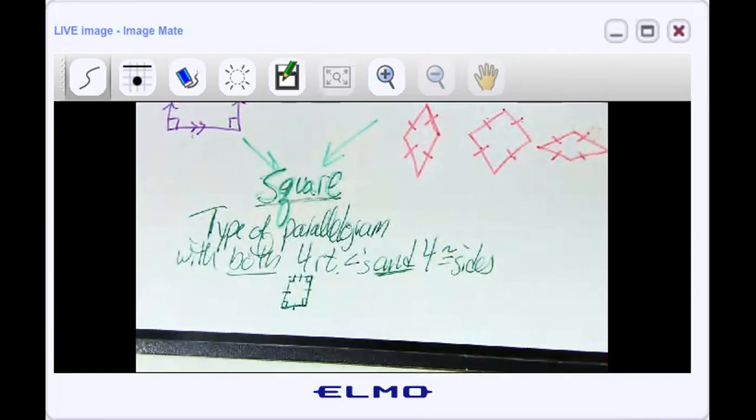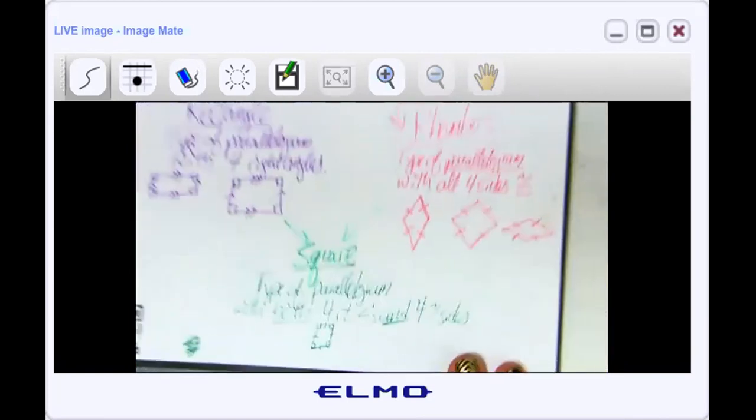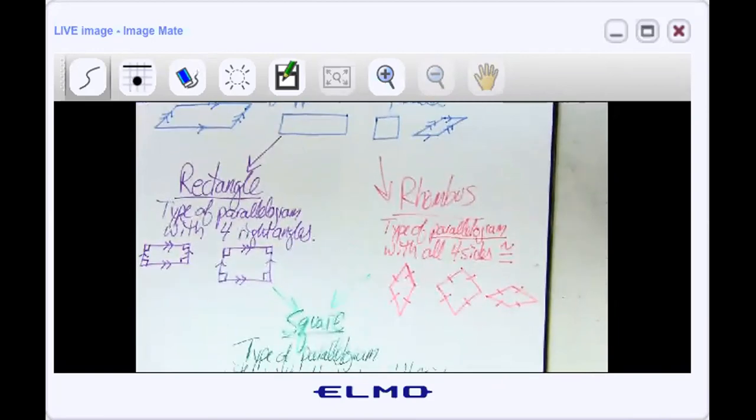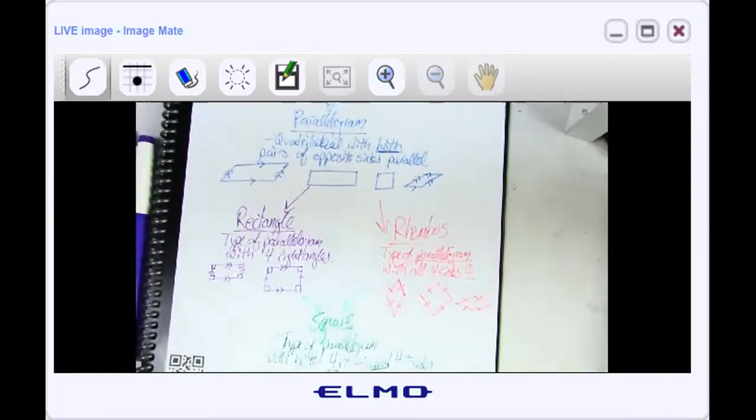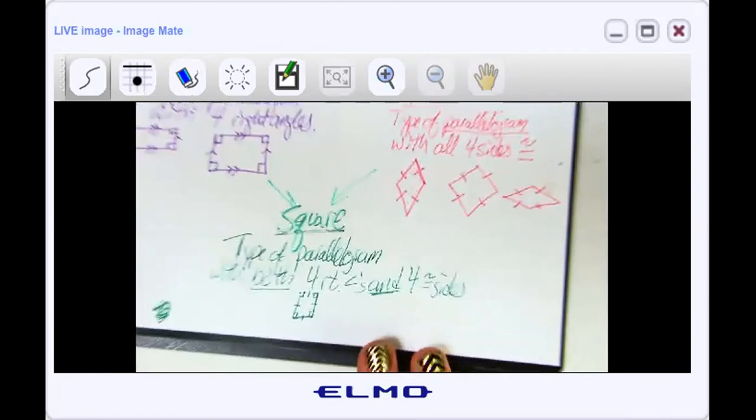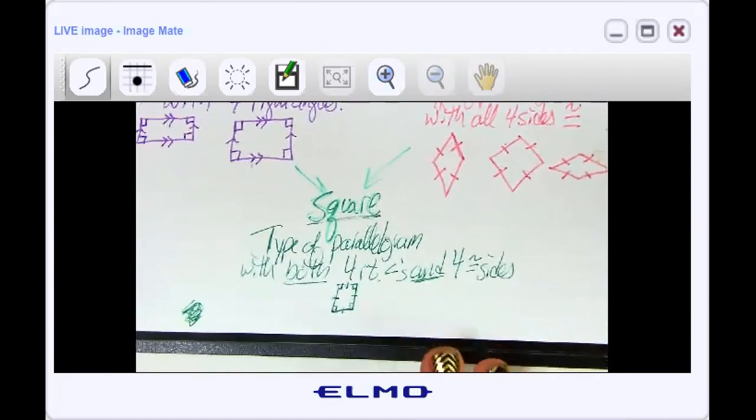So that's pretty much it for the parallelogram branch. So we start off with, oh sorry, I didn't realize that you wouldn't be able to see it all as well. You start off with quadrilaterals as sort of the overarching umbrella of the whole thing.